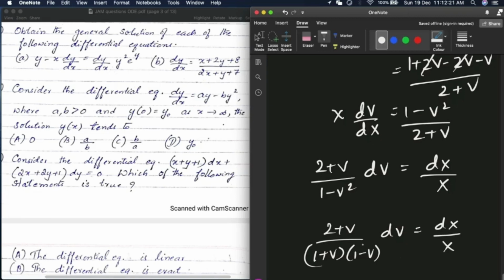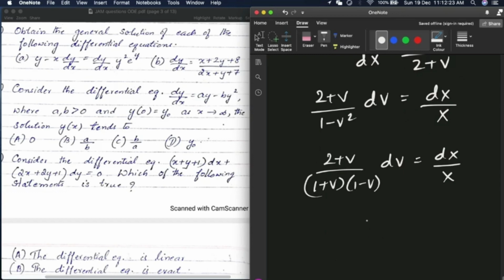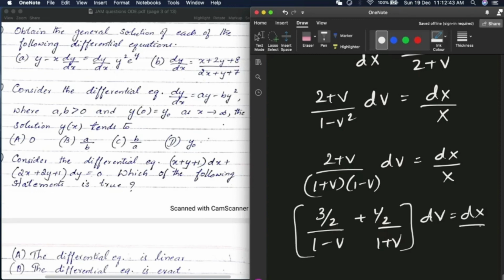In order to integrate this, you have to separate this into partial fractions actually. Now you can integrate. First make it in the integrable form. See, this as such is not, and then you can rewrite this also, okay, to integrate.